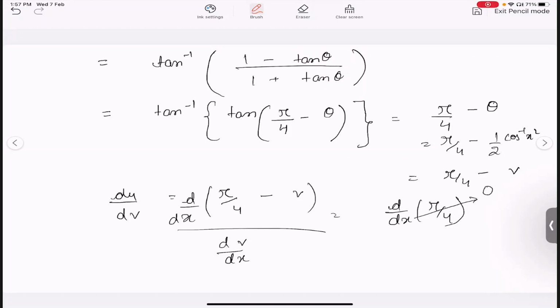Then it will be minus half times dv by dx, and again this is divided by dv by dx. So what we are left with is minus 1 by 2. So this is our answer.